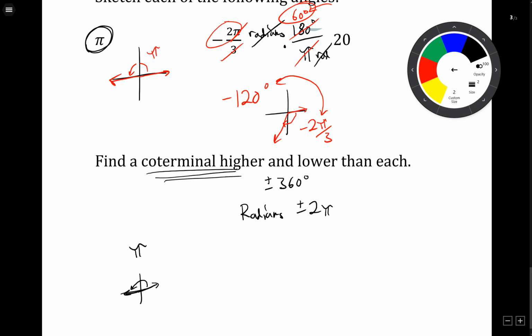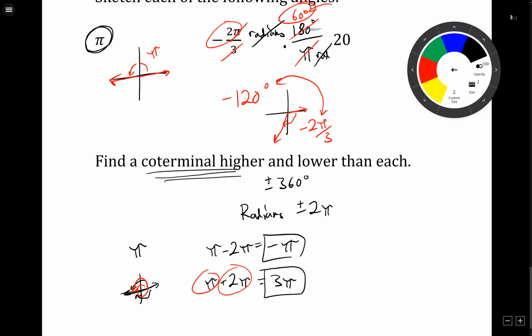A coterminal angle, well, if I subtracted 2 pi, that would leave me with negative pi. And wouldn't that just be going in the negative direction? Oh, look, it's coterminal. Or what if I added 2 pi? That would be 3 pi. And wouldn't that be, I'll show this in red, going once around and then an additional pi, right? This 2 pi plus an additional pi, that would be 3 pi. So just like with degrees, you can find coterminal angles by adding or subtracting 360 degrees. With radians, you can add or subtract 2 pi.